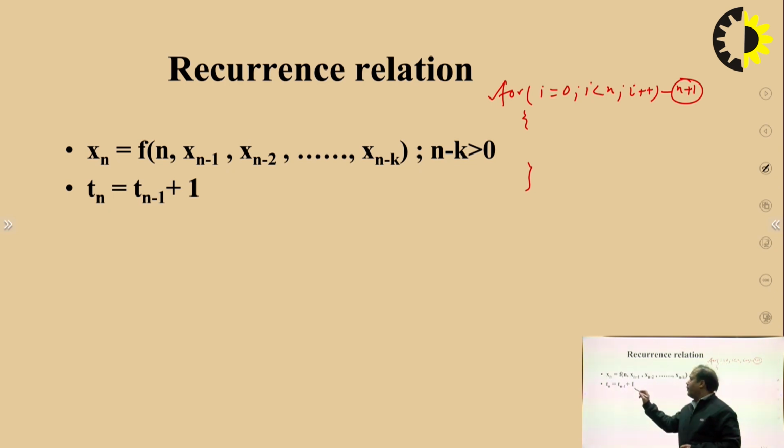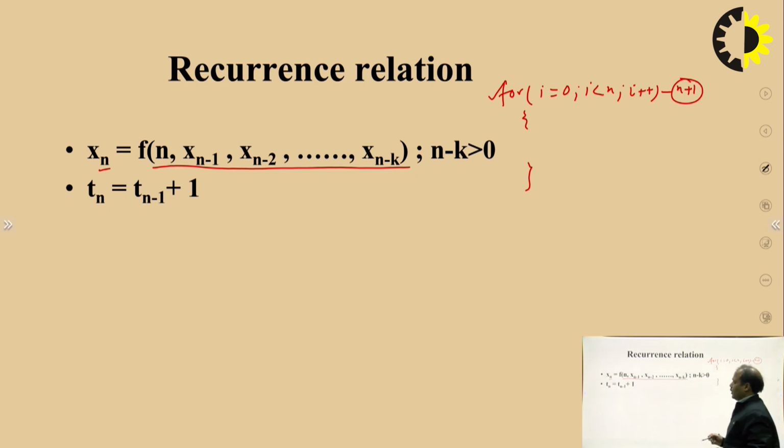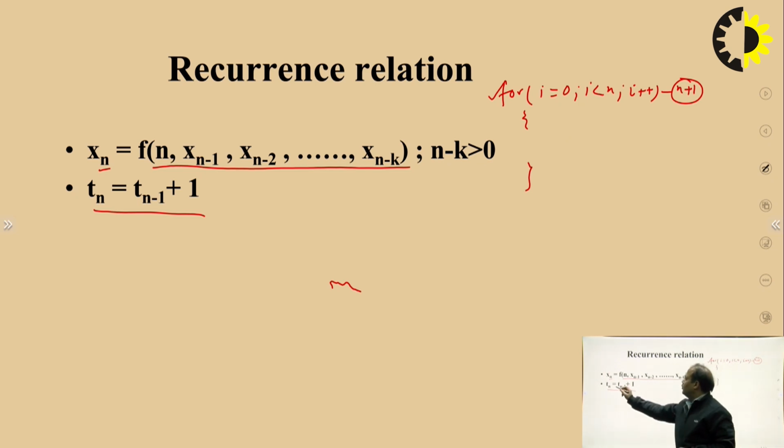In general, how do we define recurrence relations? The nth value is written in terms of previous values. See this, xn is written in terms of n, xn minus 1, and so on up to xn minus k. For example, tn is written in terms of tn minus 1 plus 1, so the nth value is expressed in terms of the previous value.